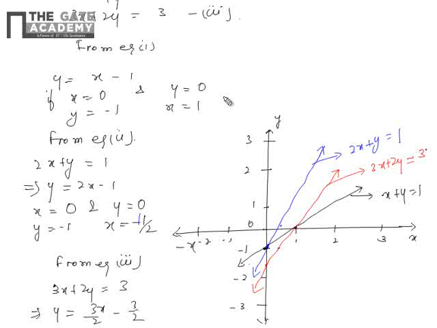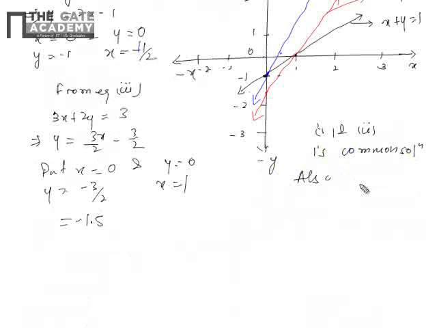So we got three equations. From this particular graph, we came to know that 1 and 2 have a common solution, and also 1 and 3 have a common solution. But do all three have a common solution?